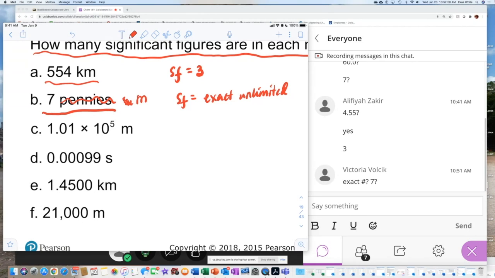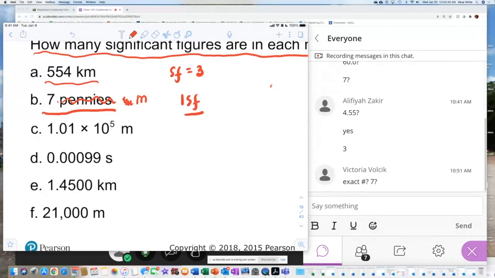Because with pennies, you're just counting. When you're counting, you either have 7 pennies or you don't. There's no estimating there. You get what I'm saying? But if you're measuring 7 meters, this will be one significant figure. So I get why they put that here, but it can be a little confusing. So 7 pennies is unlimited significant figures, but if it was 7 meters, it would be one significant figure.